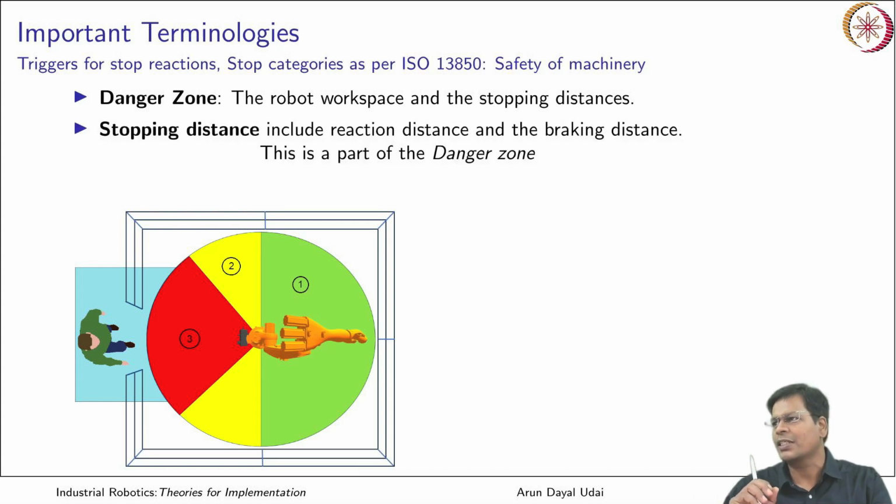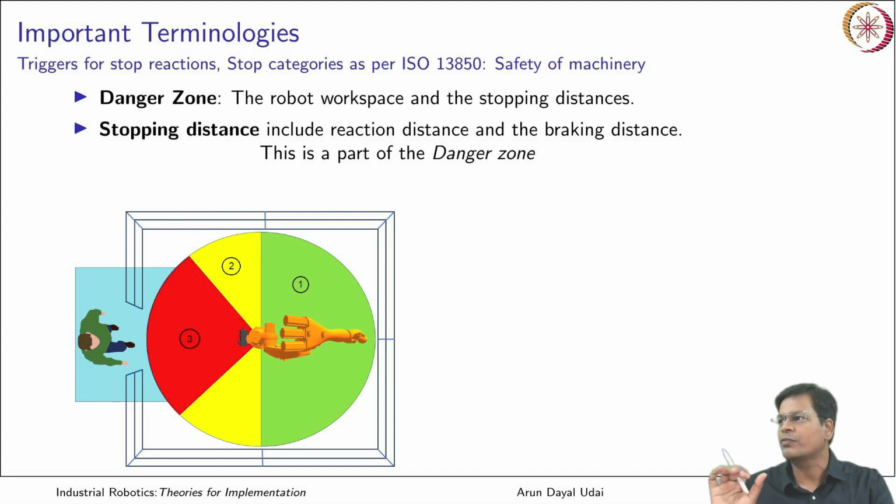Stopping distance includes the reaction distance. That is the time from when you sent the stopping command to when it actually started reacting to it. That is the reaction distance, and when it actually applies the brake, it further gets carried off to a certain distance. That is the braking distance. Reaction distance and braking distance combined together is the stopping distance.